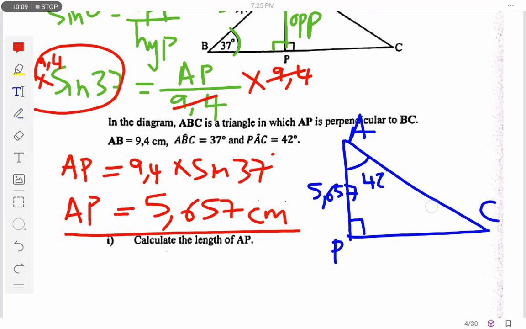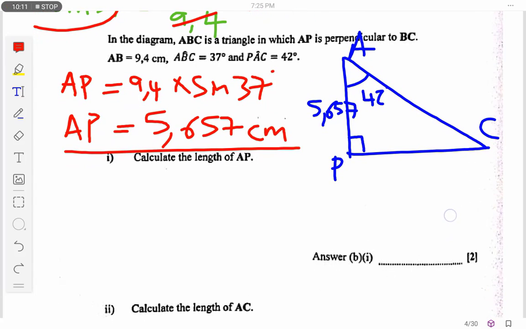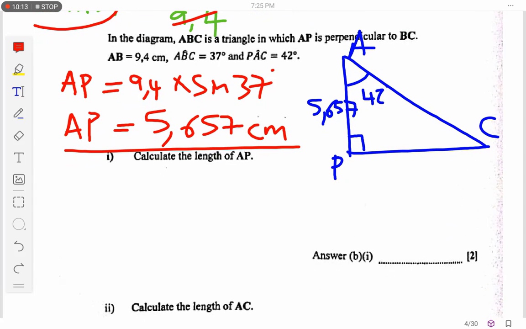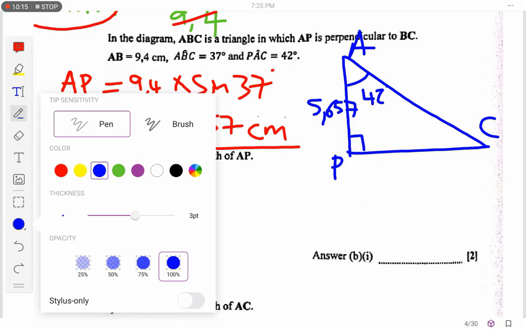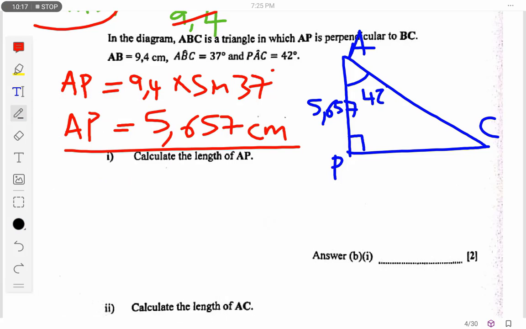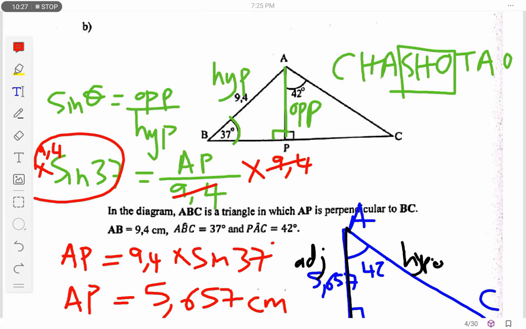Okay, so such a triangle, we can use it to find the side we are looking for. In this case it is our hypotenuse. This is our hypo, guys. And we are given an adjacent. Going to our Chasho Tower, we are now going to use Cha, which is cos.